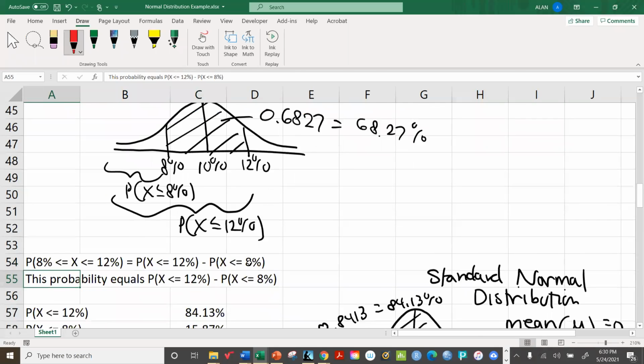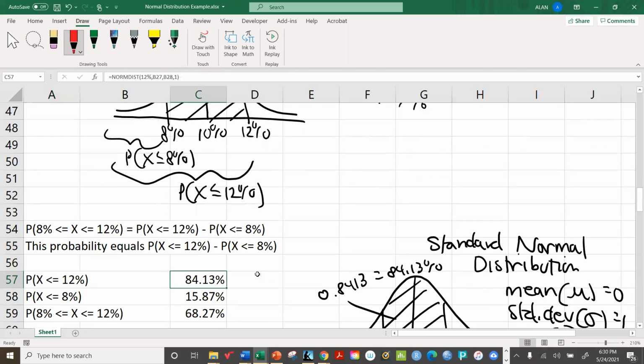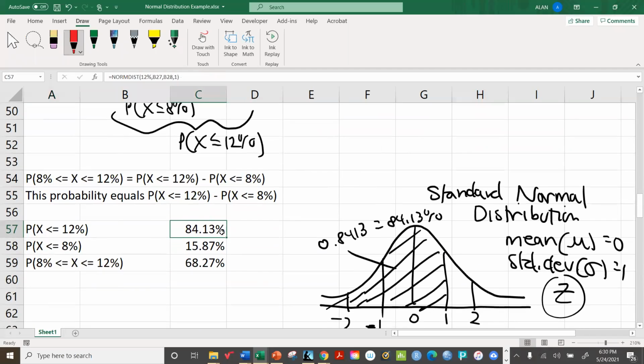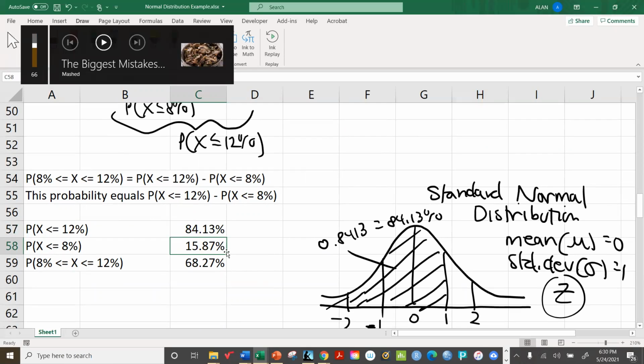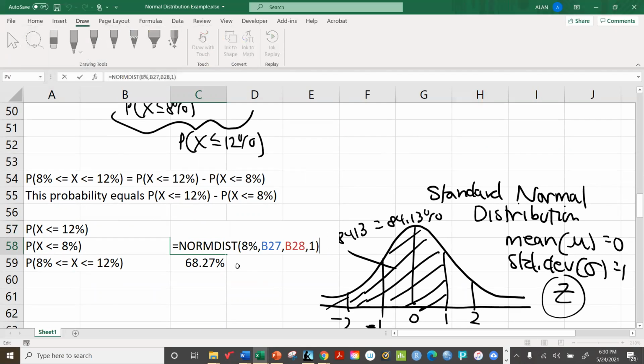And so we need to use this function twice, which I've shown you down here. This is NORM.DIST below 12%. This is NORM.DIST below 8%, both of which we've already calculated, by the way. And then this is the difference between them.